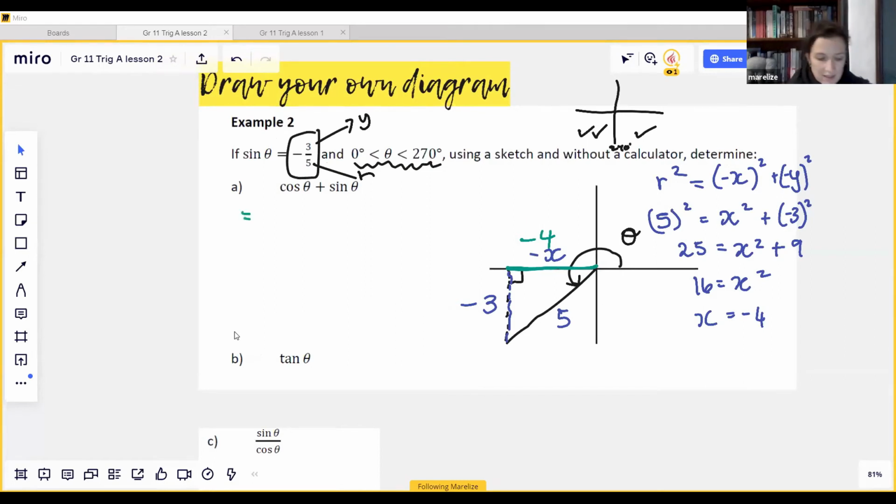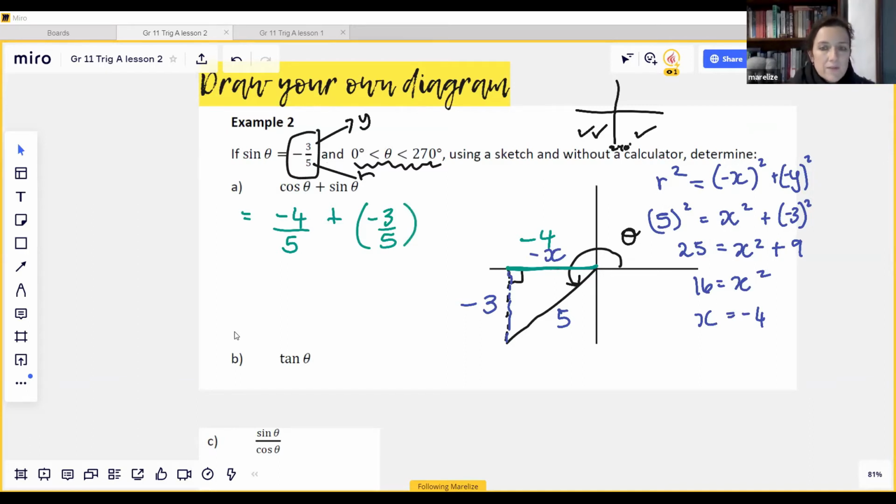Now, cos theta is x over r. Our x is negative, so it will be -4 over 5. And sine theta, we know what that is. It's given in the question. We don't even have to think about that one. So that's -3 over 5.